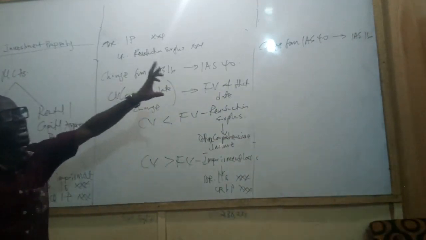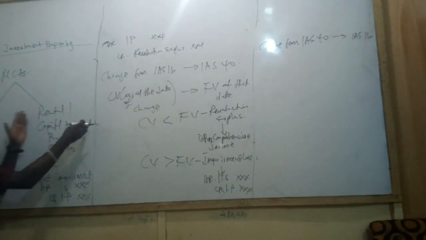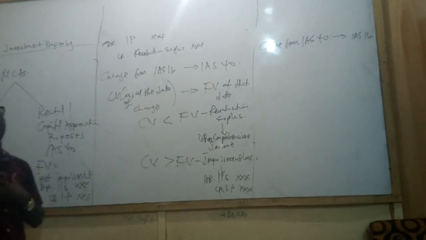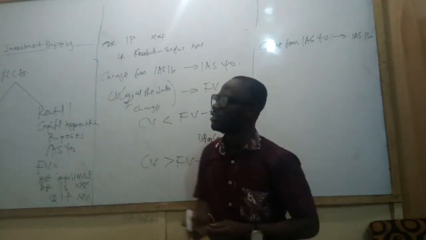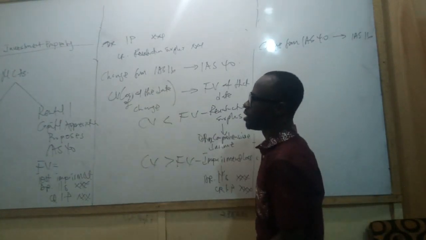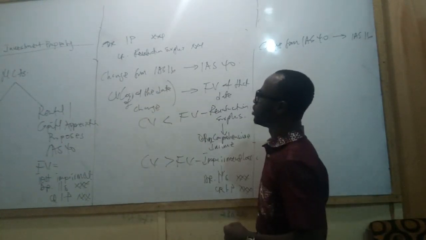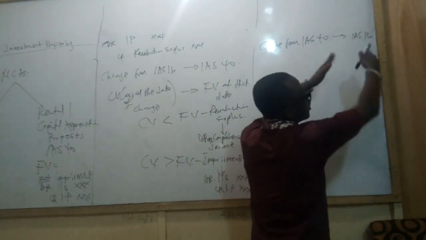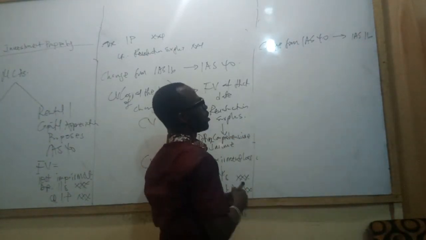If we are using an asset for capital appreciation, then all of a sudden the business wants to use the asset by themselves. So they sack everybody in the building, give them their money, and they start using the building for themselves. This change, what do we do? Simple.